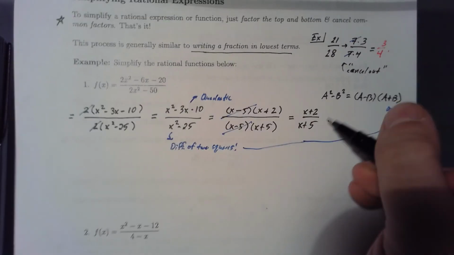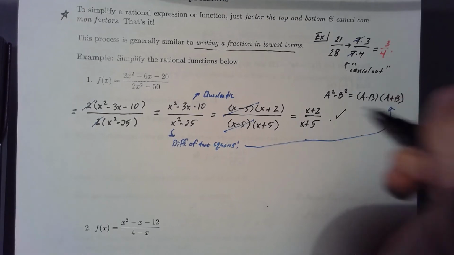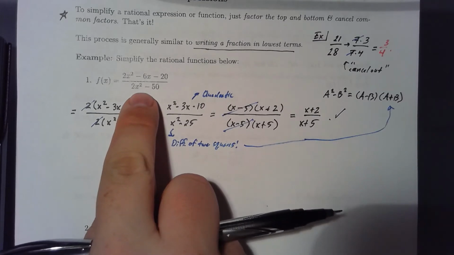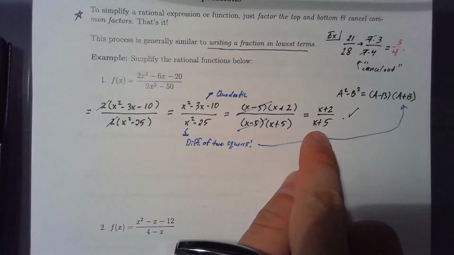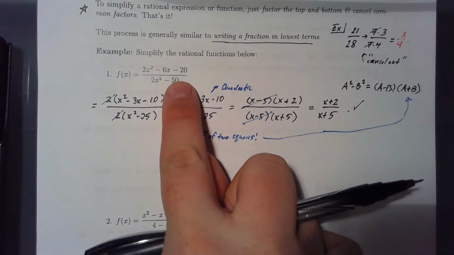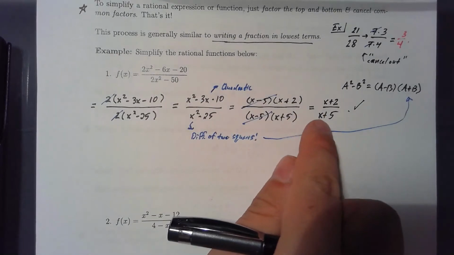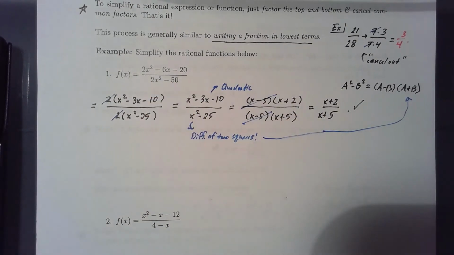So since I can't cancel anything out from the top and bottom in this fraction anymore, that's it. This rational function simplifies to that. I don't know about you, but I'd rather work with this than this. Now there are some exceptions.